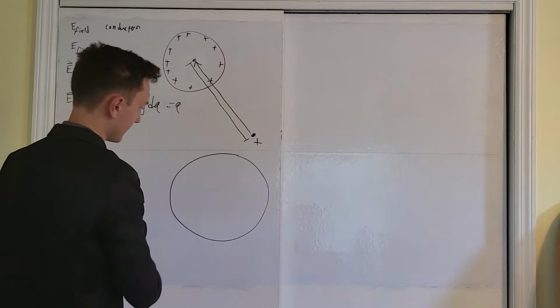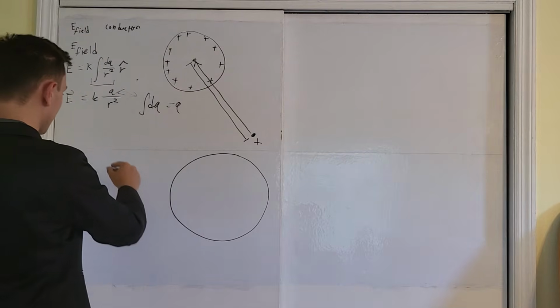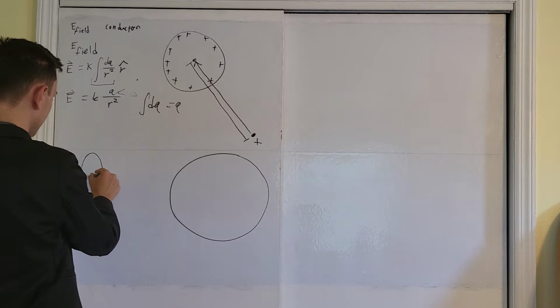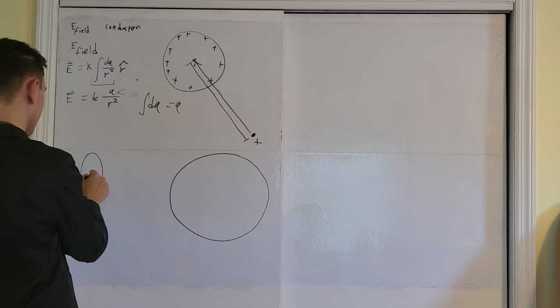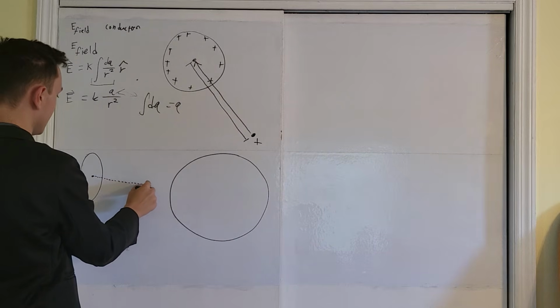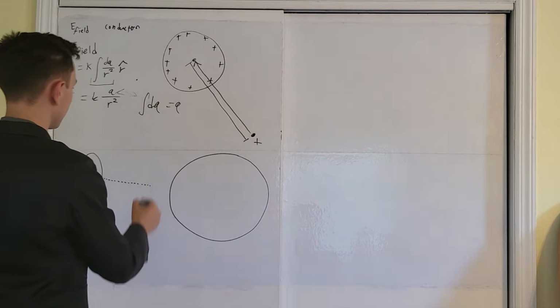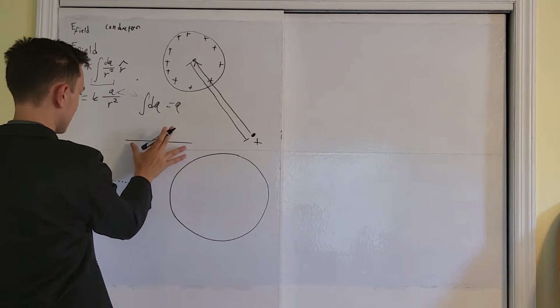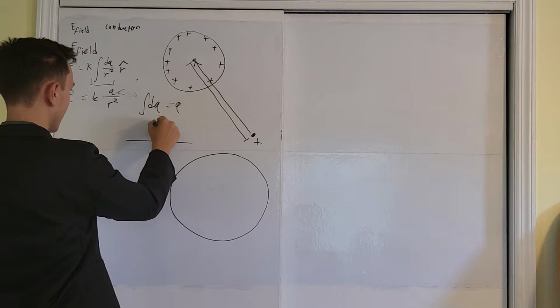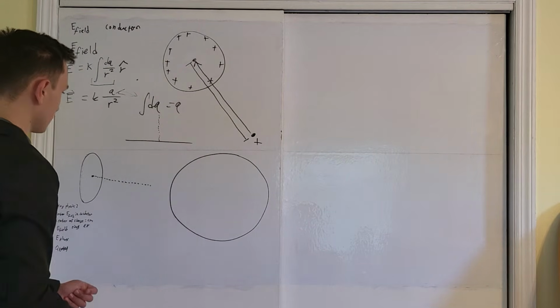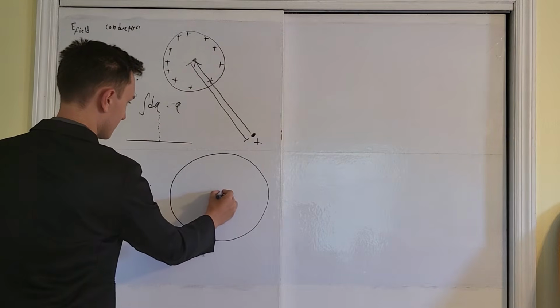If I were to analyze it from another dimension, I would draw my ring like this, and that ring would have a center, and consequently a center axis, perpendicular to the plane of the ring. This solid black line is my ring, and this dotted line is the axis perpendicular to the ring. That is what I'm trying to illustrate here, this being my center.